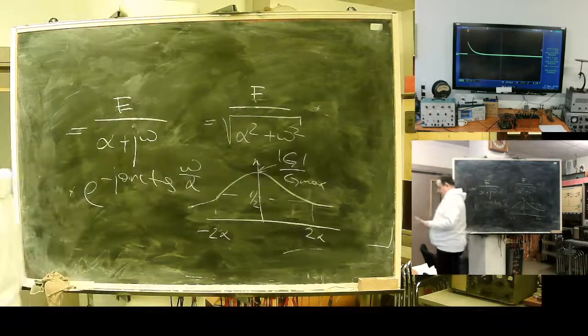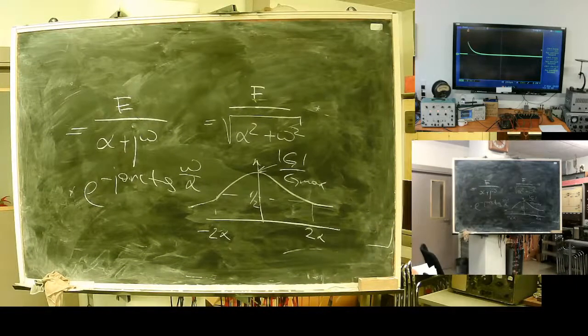Professor, how did you get to 1 over alpha plus j omega? The first step, that's after integration. Group both exponents together, what will you get? You have e to the power of minus alpha t minus j omega t. Then take t out, then you have minus alpha plus j omega, and you will have 1 divided by it, e over.